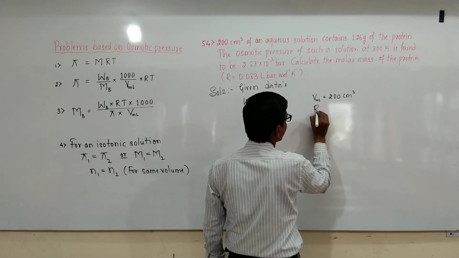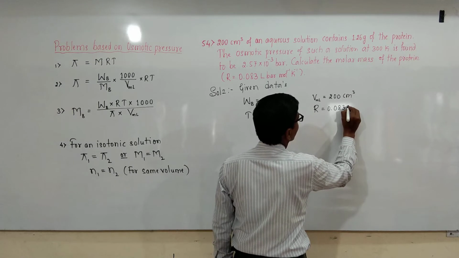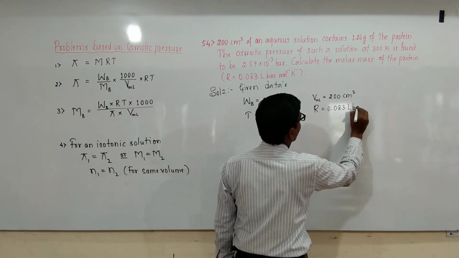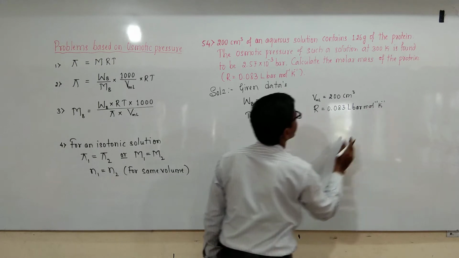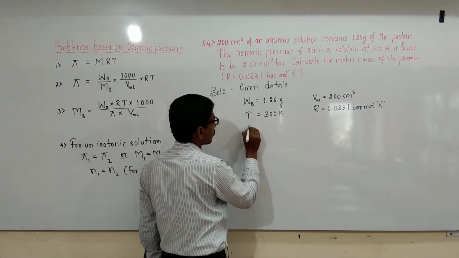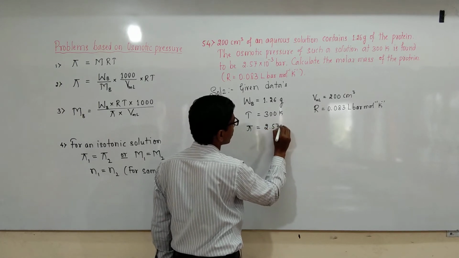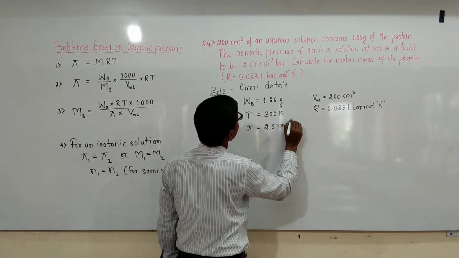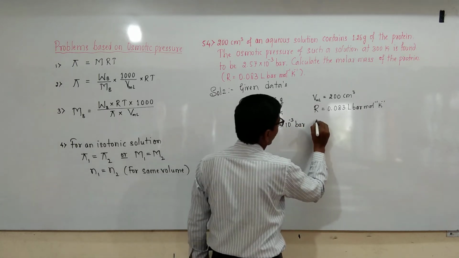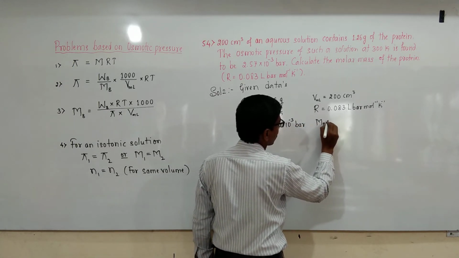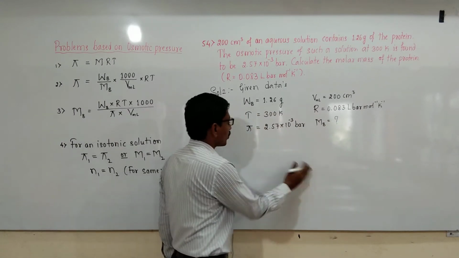Value of R is 0.083 liter bar per mole per Kelvin. Then osmotic pressure of the solution is 2.57 into 10 raised to minus 3 bar. From these given data, we calculate the molar mass of the protein.